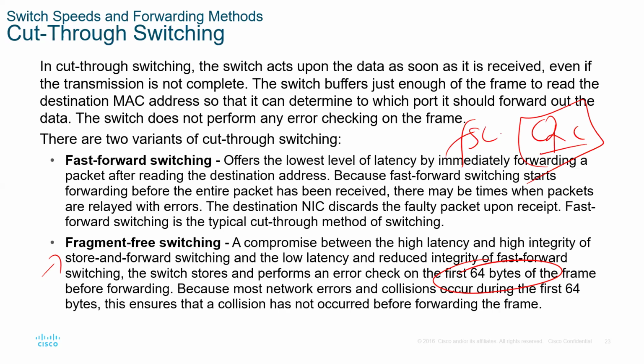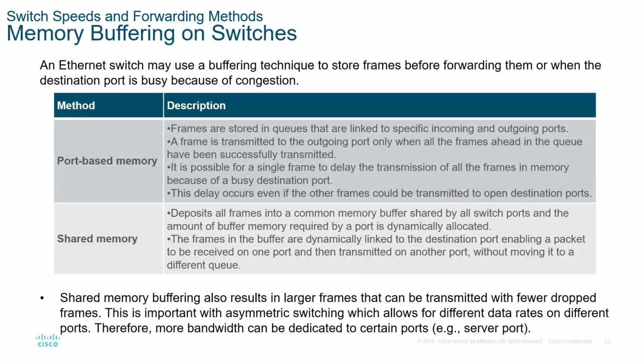But if there is a collision within the first 64 bytes, those will be detected and the frame discarded. So basically, that summarizes the two frame forwarding methods that we have, frame forwarding to forward information on a switch. That is basically what that is.